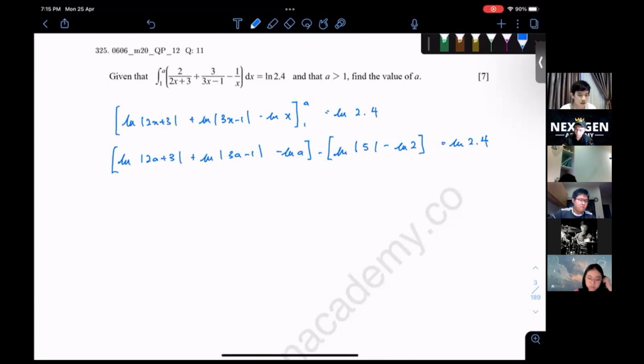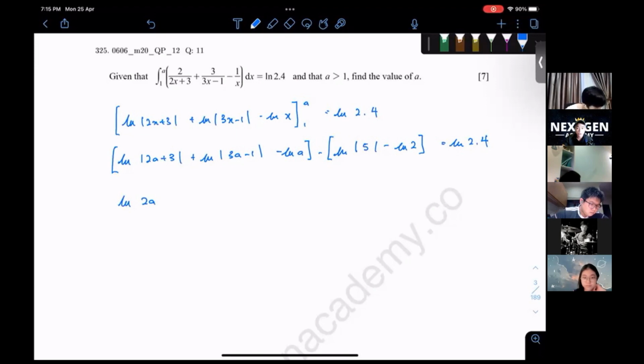Good. And then? ln 2a plus 3 plus ln 3a minus 1 minus ln a equals to ln 2.4 plus ln 5 plus ln 2. Then you divide it, is it? Okay, wait, tell me again, because I will do a different method.